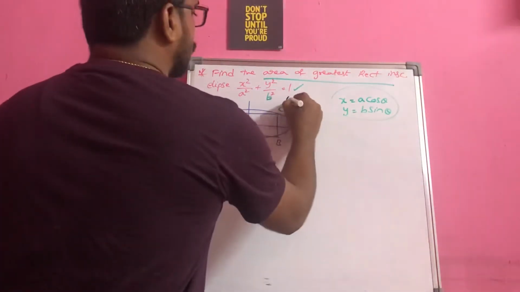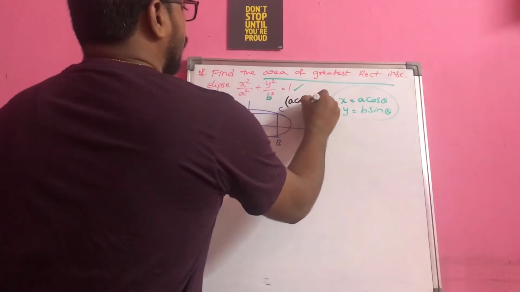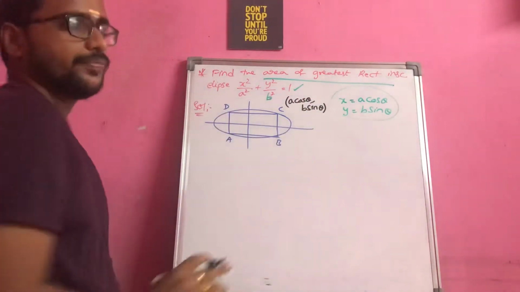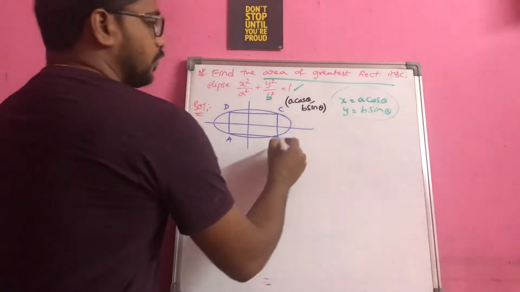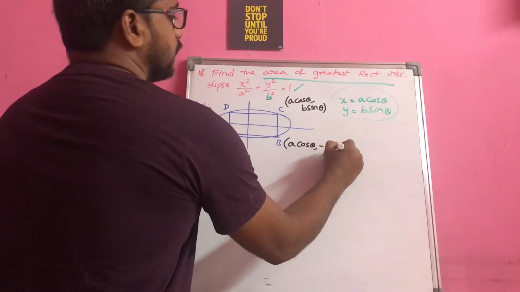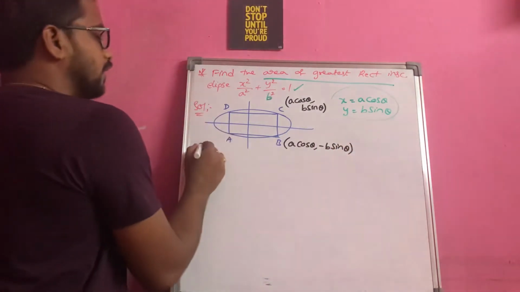This is in Q1, so this will be a cos theta comma b sin theta. This is in Q4, where x is positive, y is negative, so this is a cos theta comma minus b sin theta, and this point is in Q3.